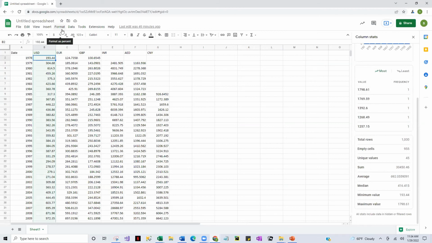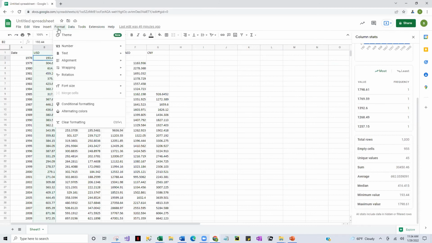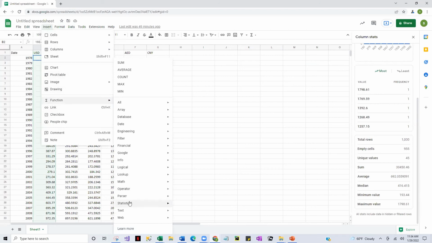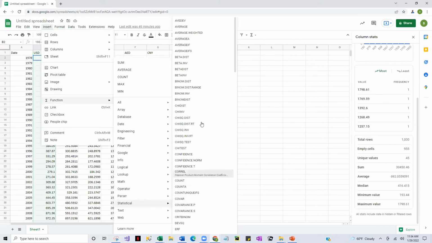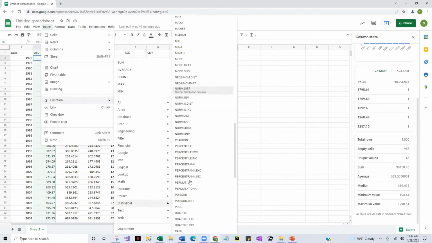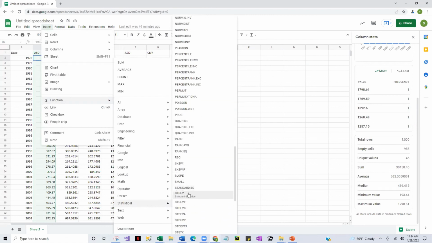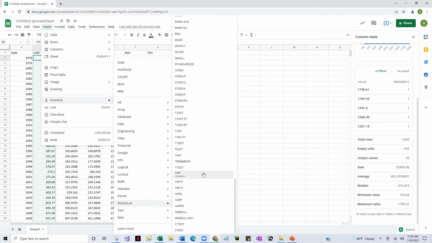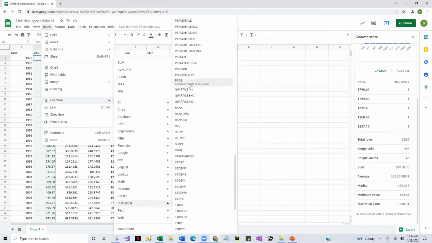And the standard deviation in Google Sheet, I think you can go to insert, function, and statistical. If you go to statistical in Google Doc, you can see all these functions. The standard deviation is here, and the quartile is here.